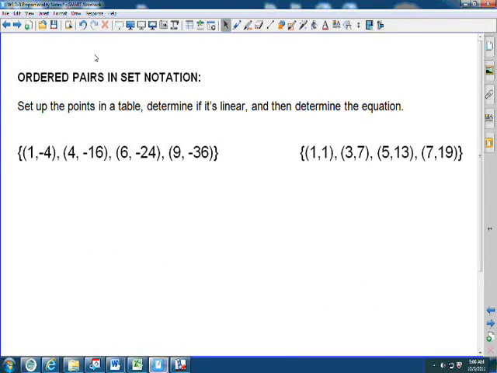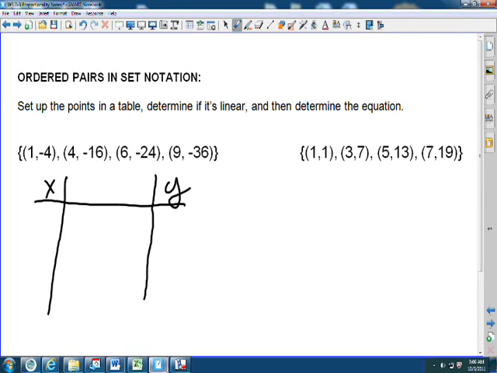I was pointed out by Mr. Dewan that I did not do my deltas correctly on this problem, so I'm going to fix it. When I went through right here, remember when you have a table, you want to go through and you have 1, negative 4, 4, negative 16, 6, negative 24, and 9, and negative 36.